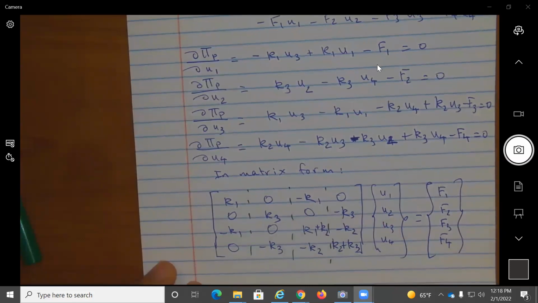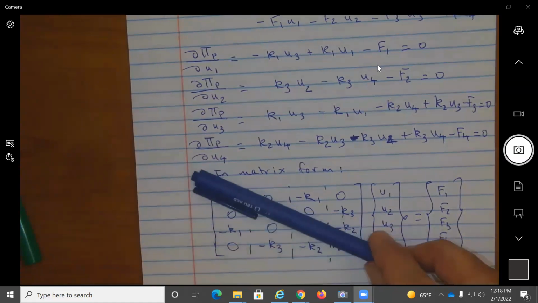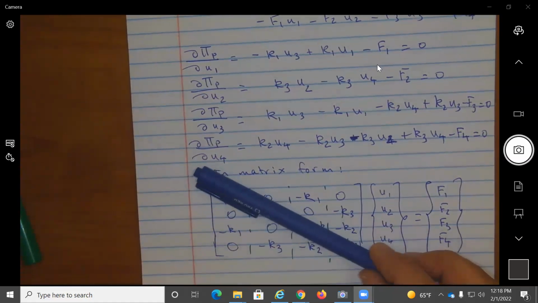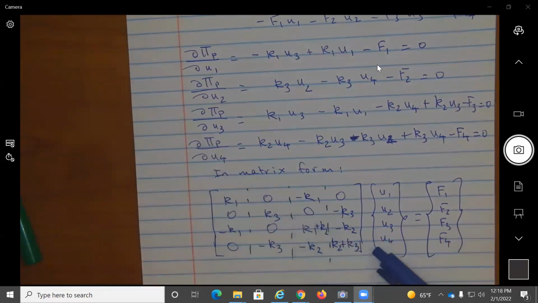Now remember, the global stiffness matrix, like the element stiffness matrix, has to be symmetric. Of course, square, symmetric, and singular. Always the diagonal is going to have positive elements. If you look at the diagonal, it's all positive.